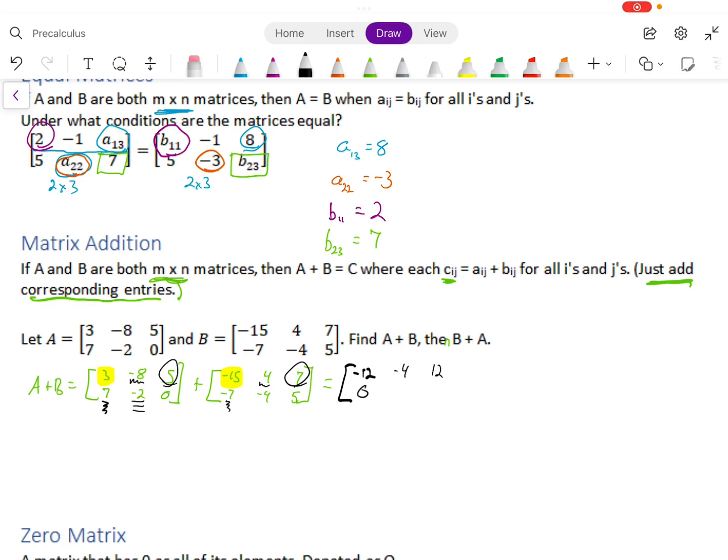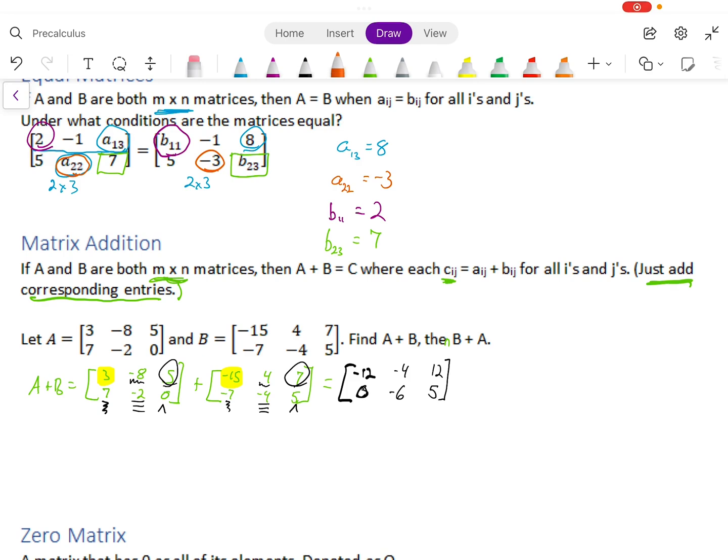Negative 2 and negative 4 is negative 6. And 0 and 5 is 5. There you have it, there's A plus B.